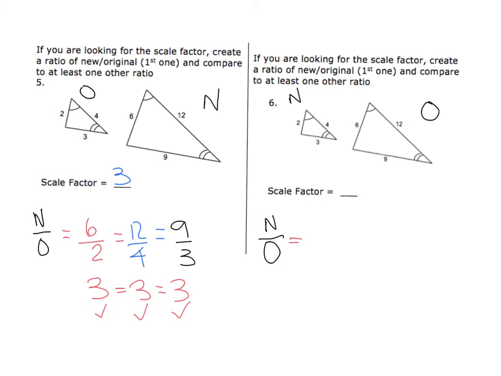So in this case, we would have 2 over 6, 4 over 12, and 3 over 9. When I simplify these fractions, hopefully I get the same thing. I get 1/3, 1/3, and 1/3. Check, check, check. Scale factor is 1/3, and these 2 triangles are in fact similar.